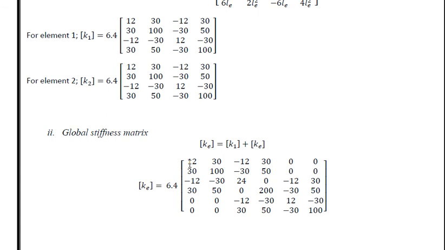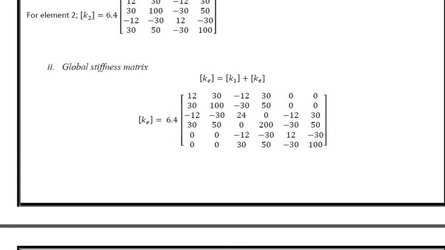Now, the addition of stiffness matrix is similar to that of the bar which you have learnt until now. So the first 4 belongs to the first element, the second 4 belongs to the second element, and this term, this term, this term and this term are added. 100 is added with 100, it becomes 200, 12 is added with 12, it becomes 24. That is the global stiffness matrix.